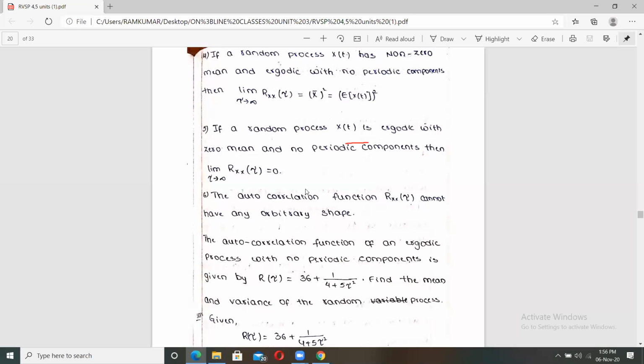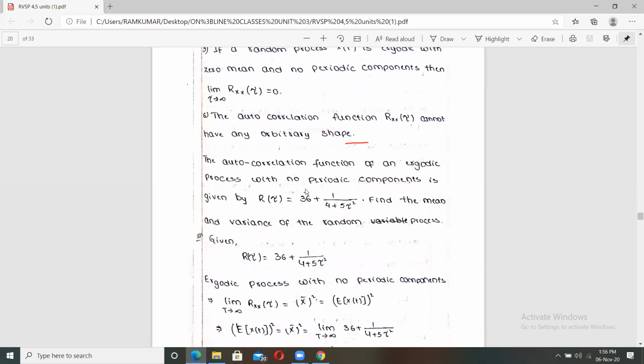Here is the problem. We already mentioned this problem. This was asked in a previous paper. The autocorrelation function of an ergodic process with no periodic components is given by R of tau equal to this function.